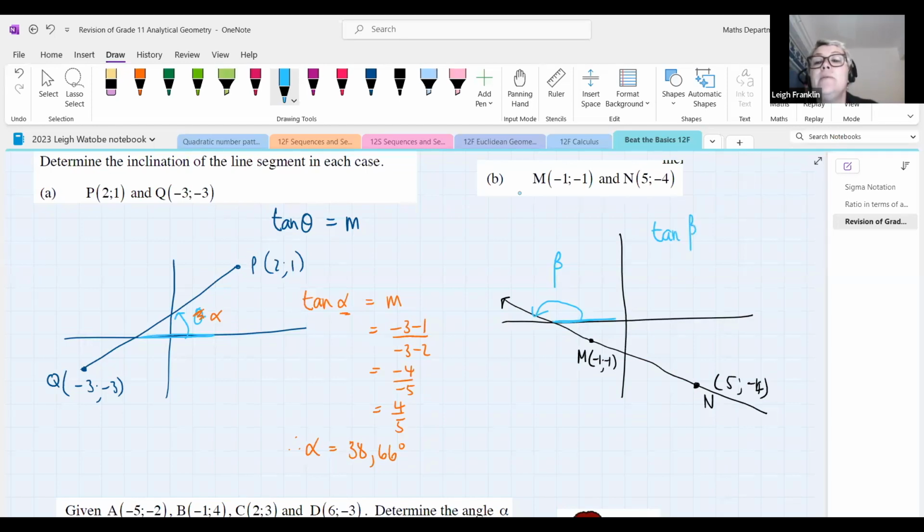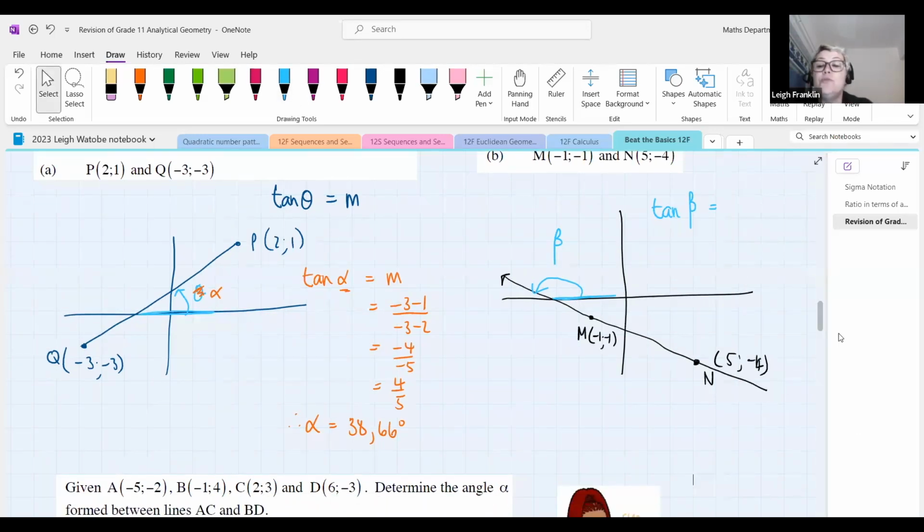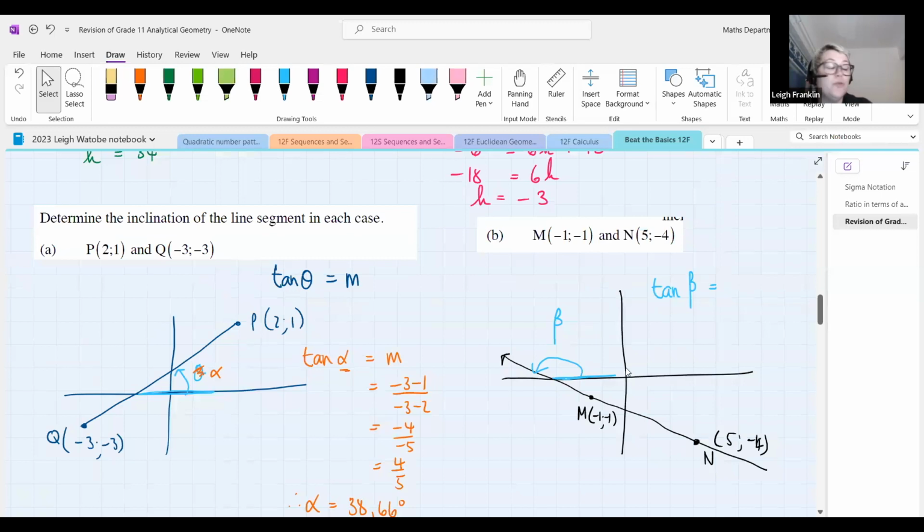So tan beta. Now, this one I'm going to do with you. And just forgive me if you know how to do this, then I'm sorry, I'm not trying to waste your time. But a lot of matrics lose marks on this in trials. Okay, you've got to be very careful when your angle is obtuse.